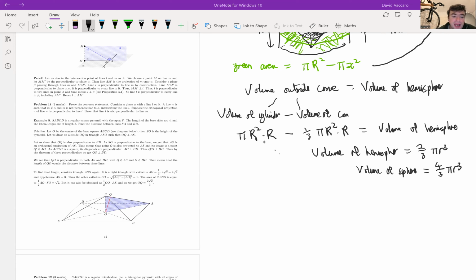So the question is, how do we know the volume of a cone? Okay, so the volume of the cone, we think the formula is 1/3 pi r squared h. What is this formula a special case of?